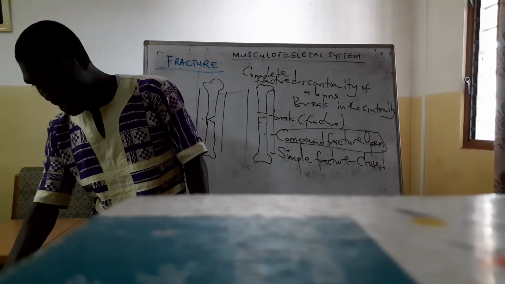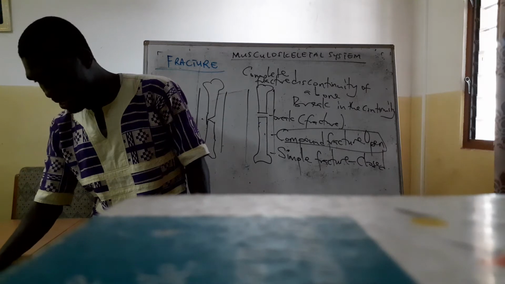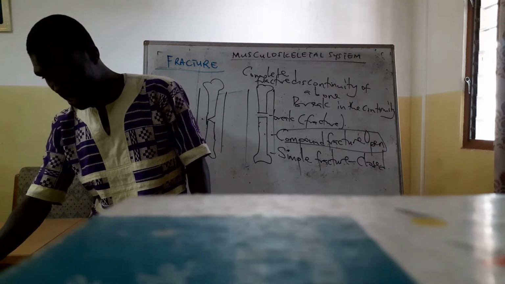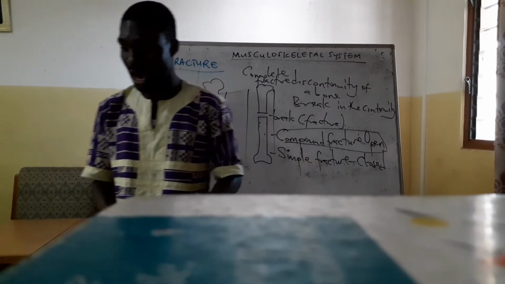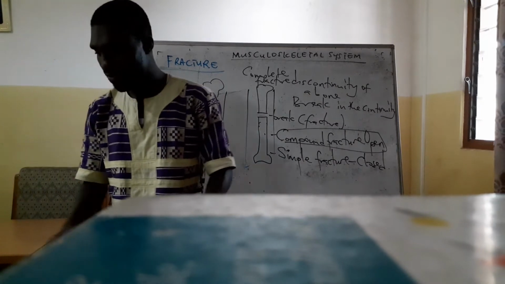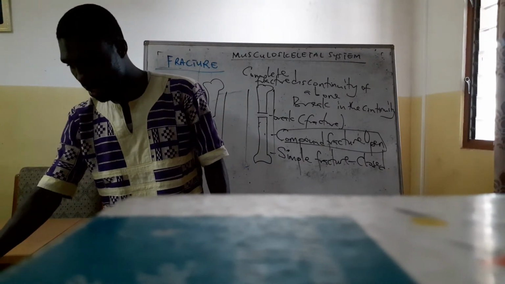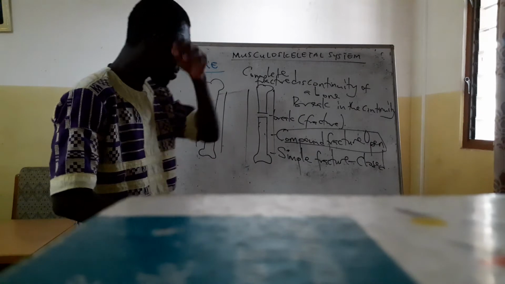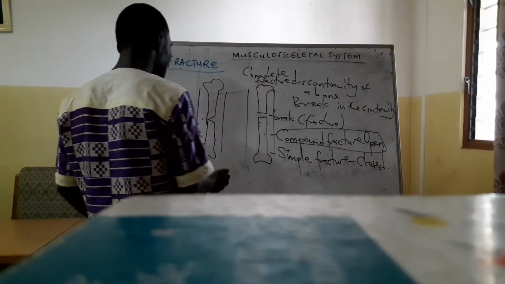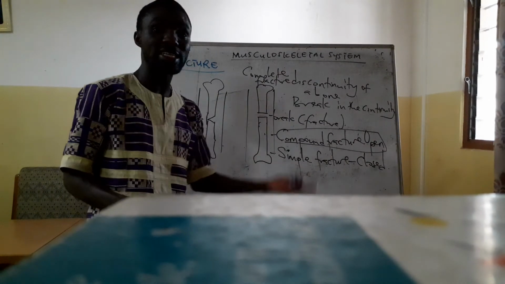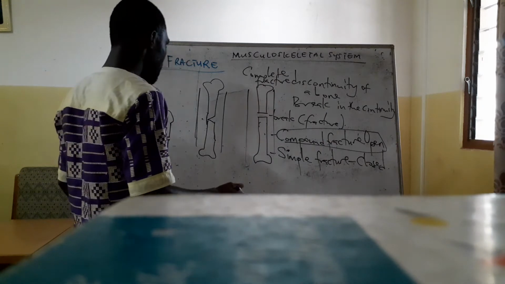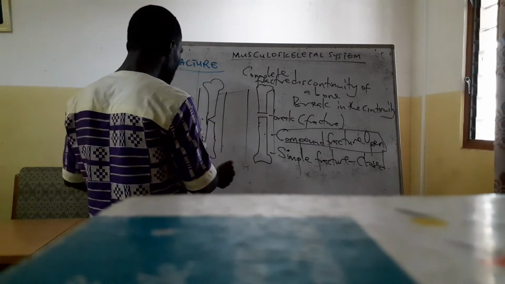Apart from that, there are several other types of fracture that we have. Let me mention a few of them so that we can move on. These types of fracture can either be closed or open, or complete or incomplete.